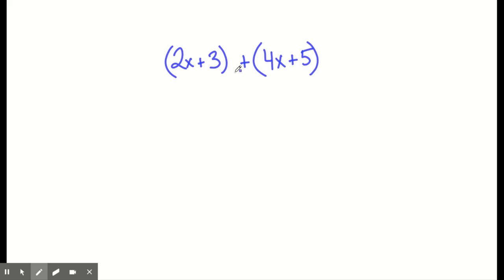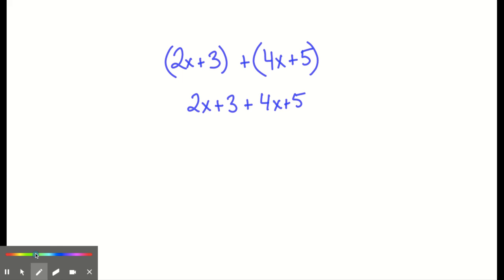These are two expressions, 2x plus 3 and 4x plus 5, and we are adding these expressions together. Since we are adding, we are happy about that because it's not going to change any of the signs of any of our terms. So we can actually just write this expression as 2x plus 3 plus 4x plus 5 and remove those parentheses. Now we just combine like terms.